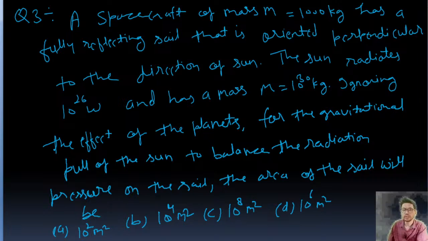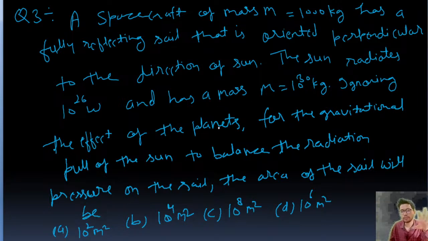So this is the question, guys. I'll read it for you. A spacecraft of mass m, whose mass is 1000 kg, has a fully reflecting sail, which means it completely reflects the radiation. It is oriented perpendicular to the direction of the sun. The sun radiates 10 to the power 26 watt of energy and has a mass 10 to the power 30 kg.